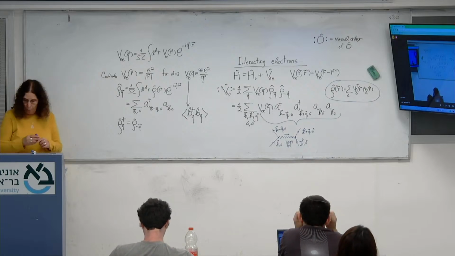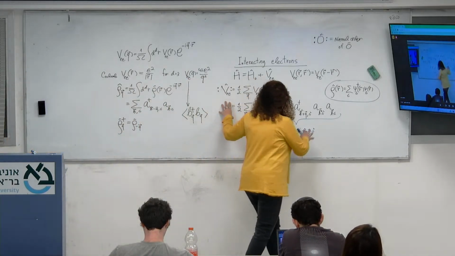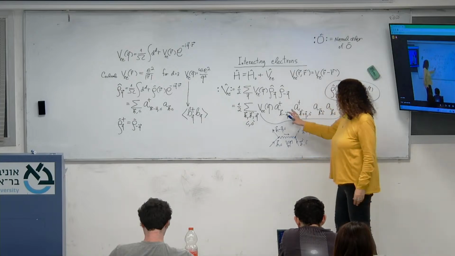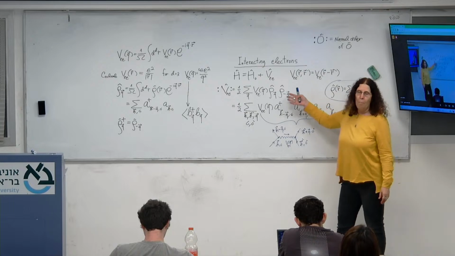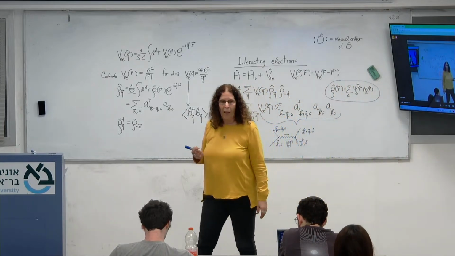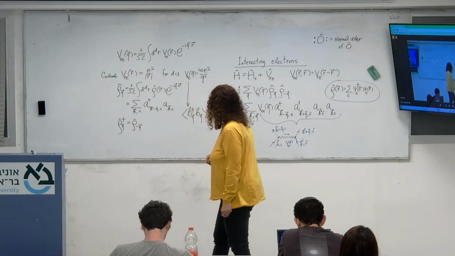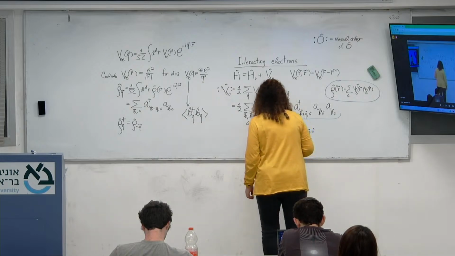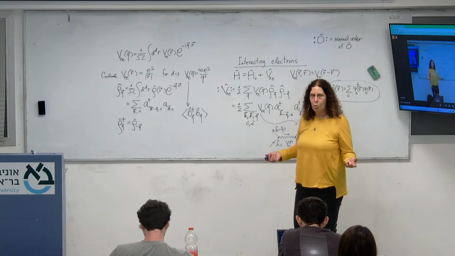Good. So this is the form of the operator that we would like to work with in order to describe, for example, electrons in a metal. In a metal, k is more or less a good quantum number, and there is a Coulomb interaction, but you don't know how to solve it exactly.